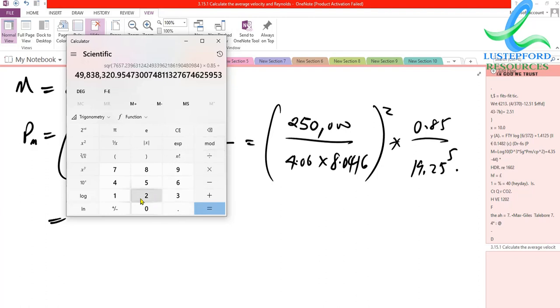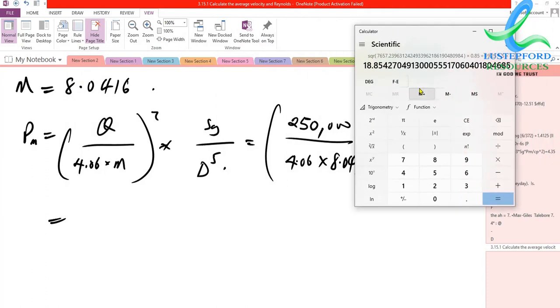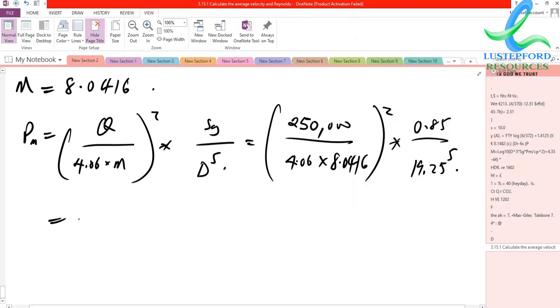And divide by 19.25 raised to power 5, equal to 18.854 psi per mile.